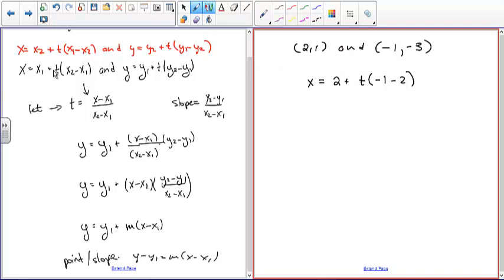So I'm using this equation: x1 plus t times (x2 minus x1), and y equals y1, which is 1, plus t times (y2 minus y1). You can simplify that down to 2 minus 3t and 1 minus 4t. So those are my parametric equations.